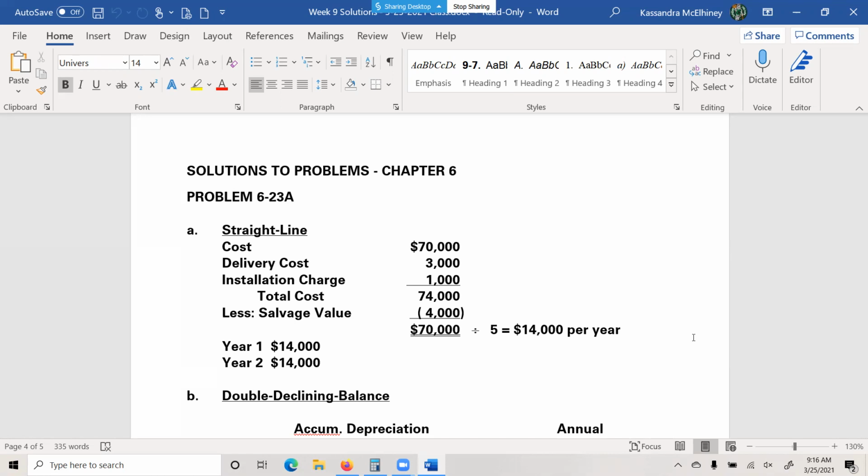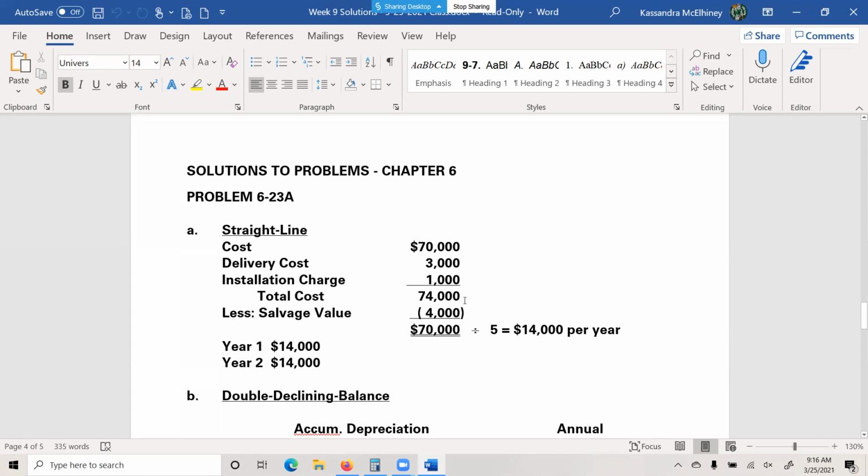We not only had to pay a delivery cost of $3,000, we had to pay an installation charge of $1,000 as well. So those are all costs involved in getting that machine ready for use by Banco Inc. in its operations. And those costs are all part of the cost of the equipment and will be depreciated rather than just expensed in the year incurred.